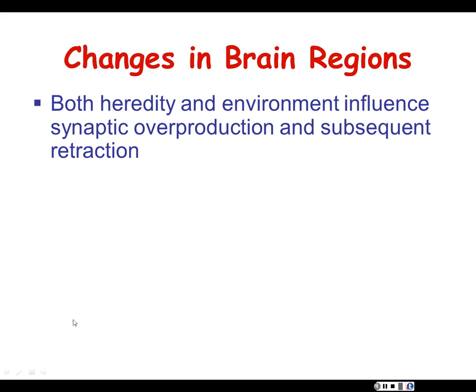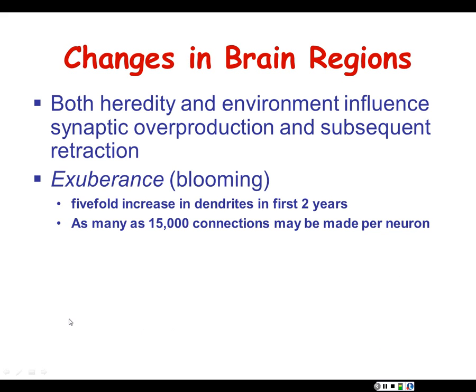Okay? So this process of dendrite growth is called exuberance. Is that a term that you've heard before? Exuberance, or blooming. All right, so dendrite is Greek for tree. So think of it as a tree growing and growing and growing, and you've got all these branches.